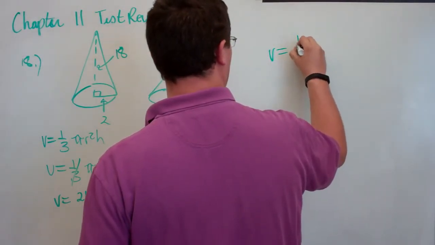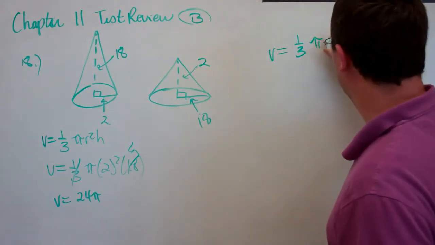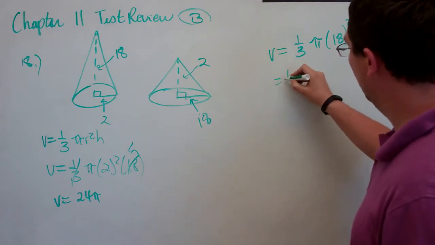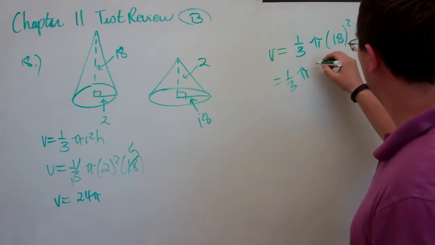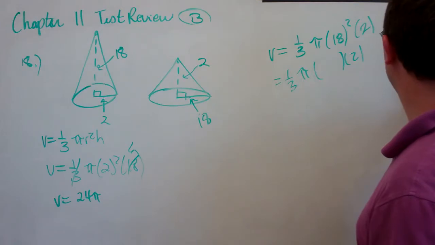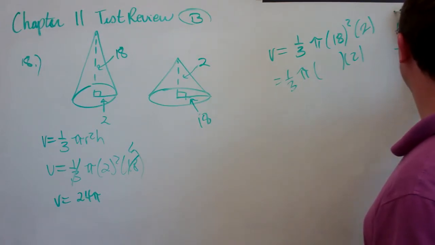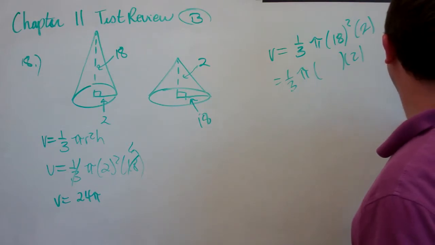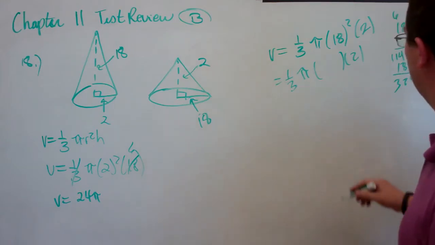Volume equals 1/3 pi r squared times 2. 1/3 pi 2. What's 18 squared? I didn't calculate that. 8 times 8 is 64. That's 324.